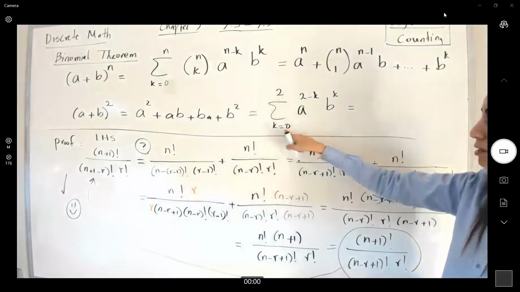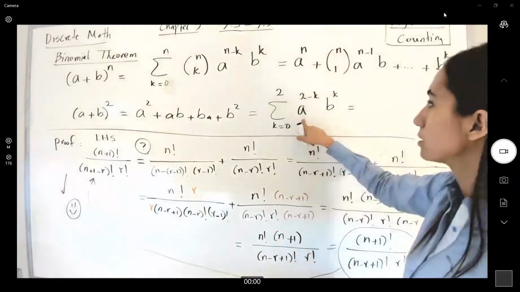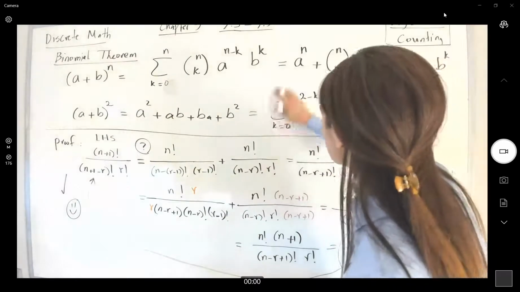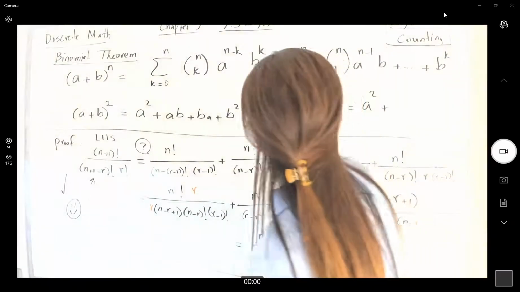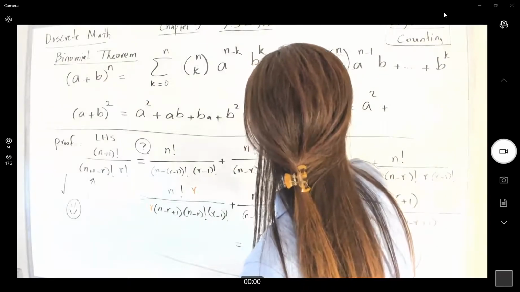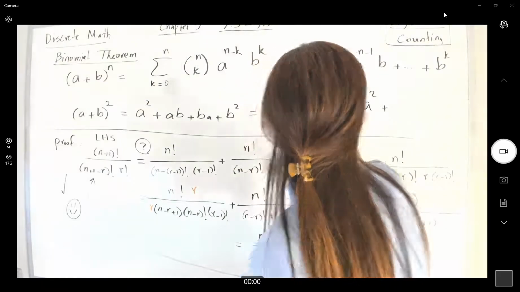So when k is equal to 0, what do you get? You get a squared, plus, writing down the combination here, k from 0 to 2, k out of 2.